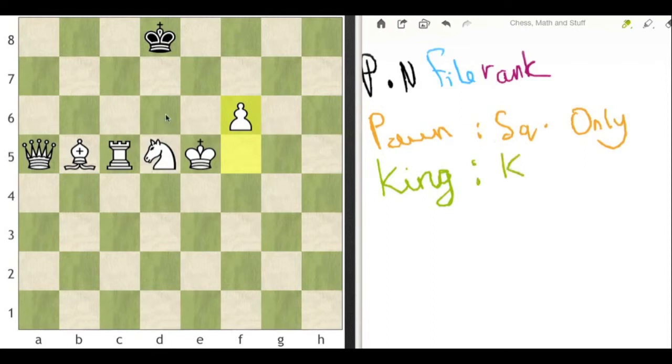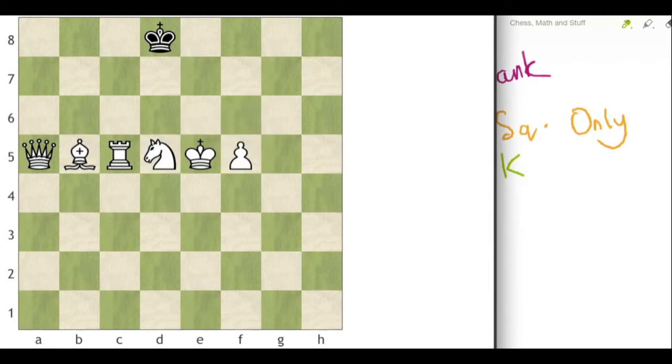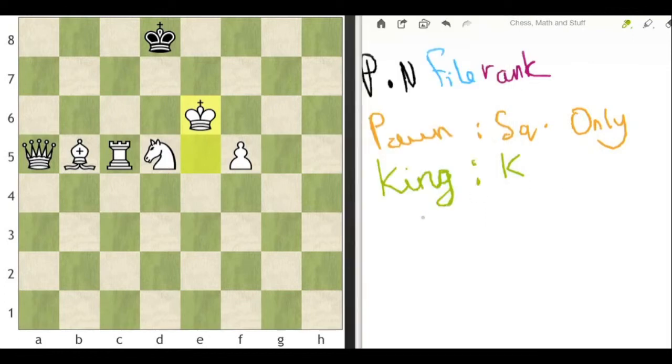So if I were to move my king up here, it would simply be king e6. So K is your piece name, your file is e, and your rank is 6. So it's as simple as K. The piece name for king is just K.